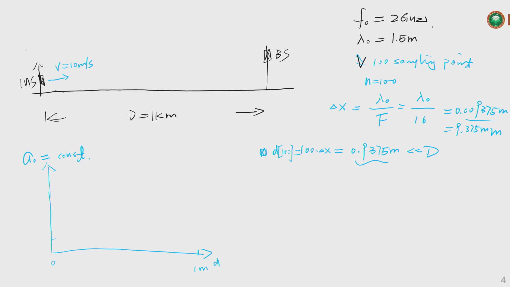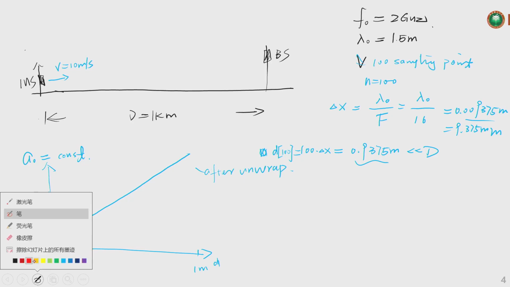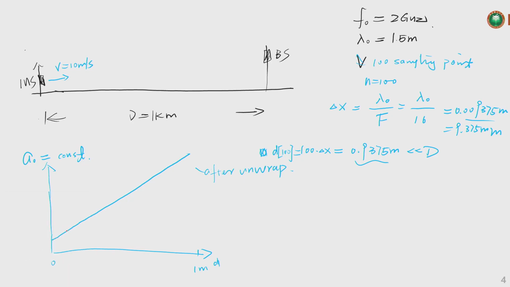Because the user moves with a constant speed, the phase moves with a constant slope after unwrapping. Before unwrapping, it oscillates between pi and minus pi. So it moves like this.